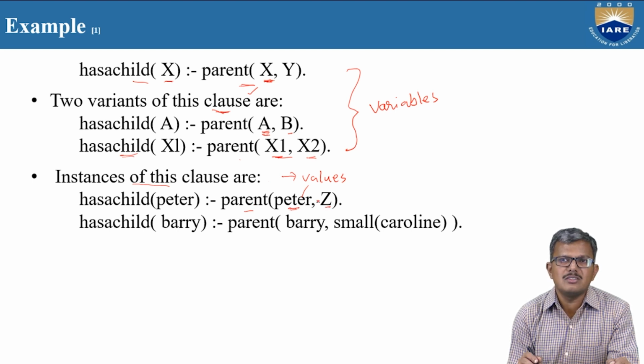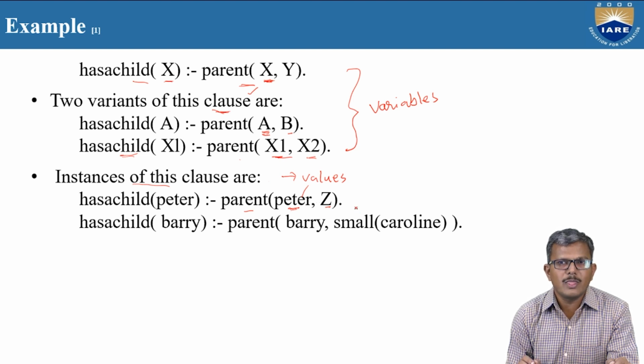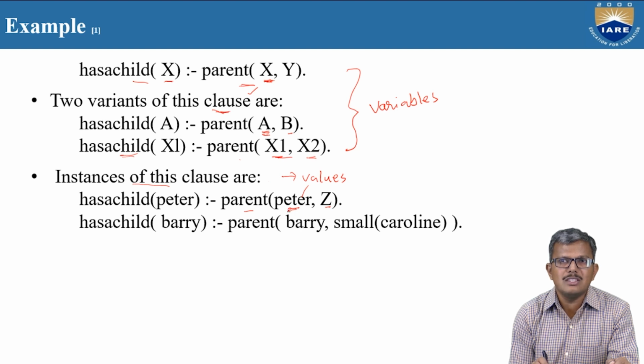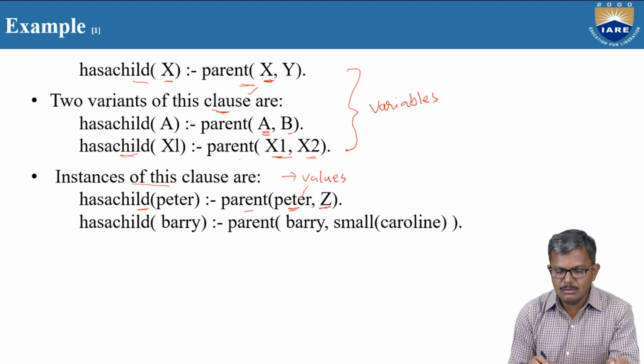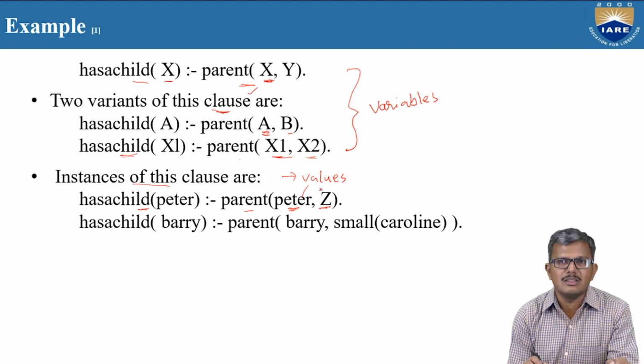You can instantiate that Z with any value. In this case also, if you are able to prove that Peter is the parent of Z, then obviously we can prove that Peter has a child. We can take a combination like this: one argument as a value and another argument as a variable.